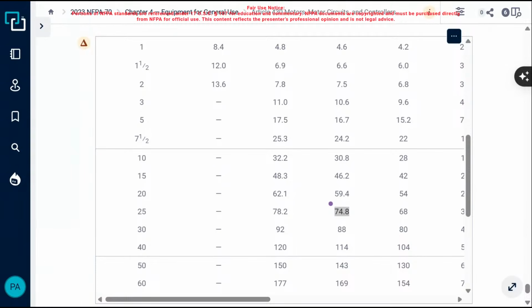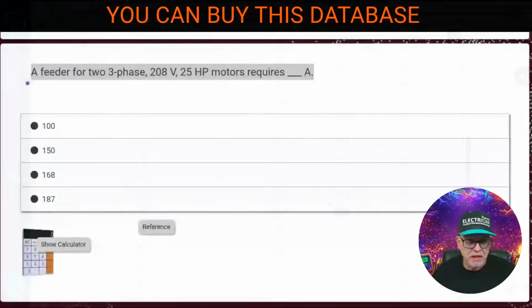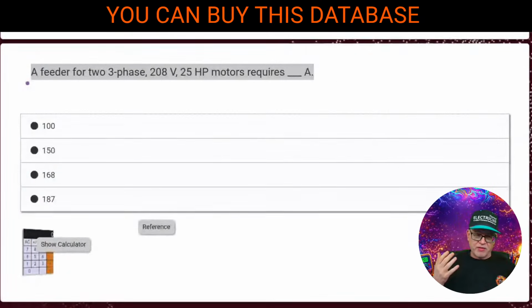Okay, so now let's go back to the question. Since both these motors are exactly the same, what did it tell us to do in 430.24? It said take the largest motor. They're both the same, so we'll take the largest motor at 74.8 amps. Get your calculator. We're taking that at 125% because that's what it said in 430.24.